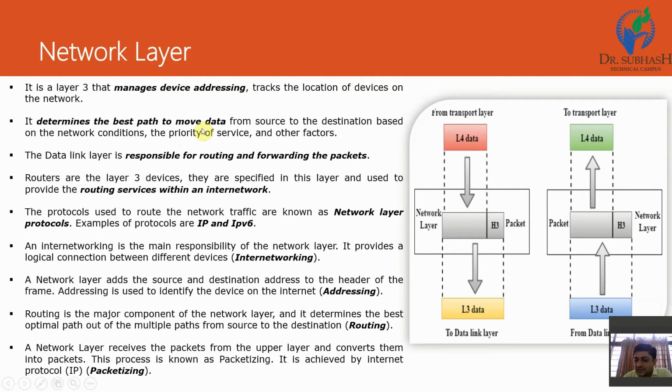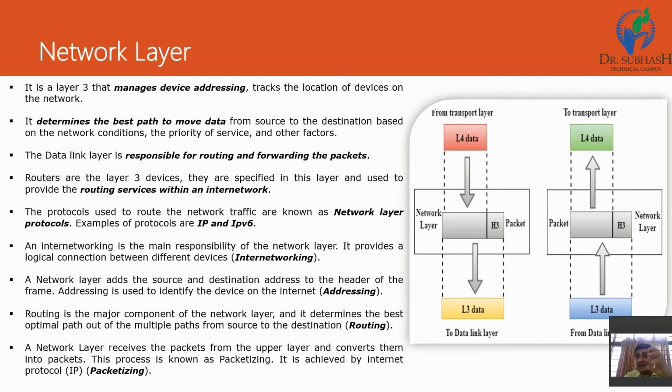How do we select the best path? Using algorithms: shortest path, nearest neighbor. There are so many algorithms available to find the shortest path, and many methods available in computer science that we will discuss later. But how can we move the data with the best path?